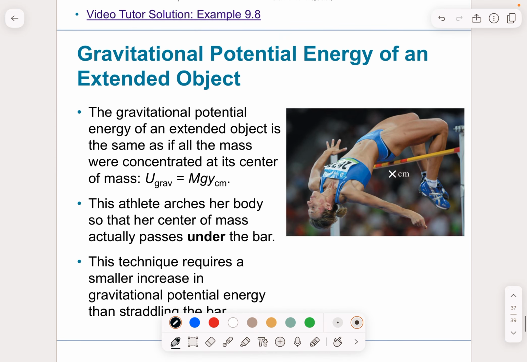And so I wanted to just share an interesting idea that you may not realize, because we are going to start talking about the center of mass very soon. So it's going to come up again.